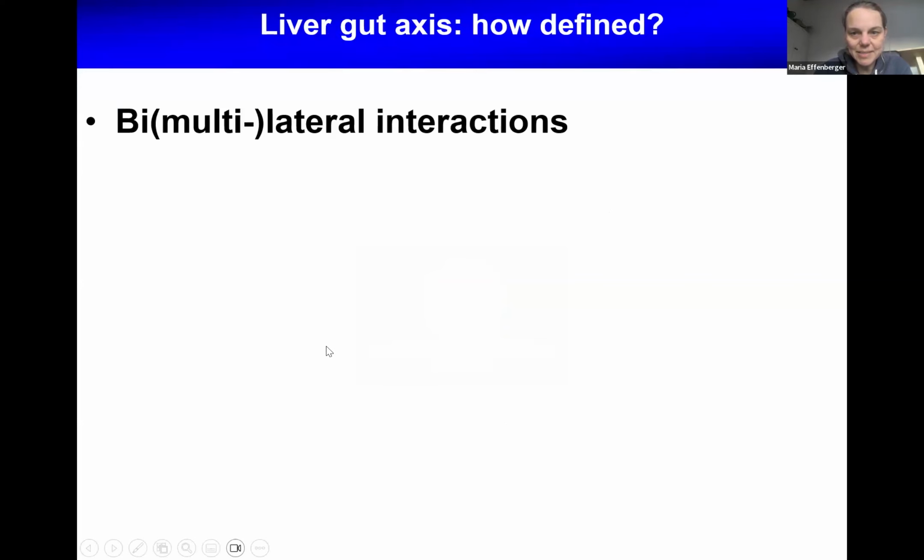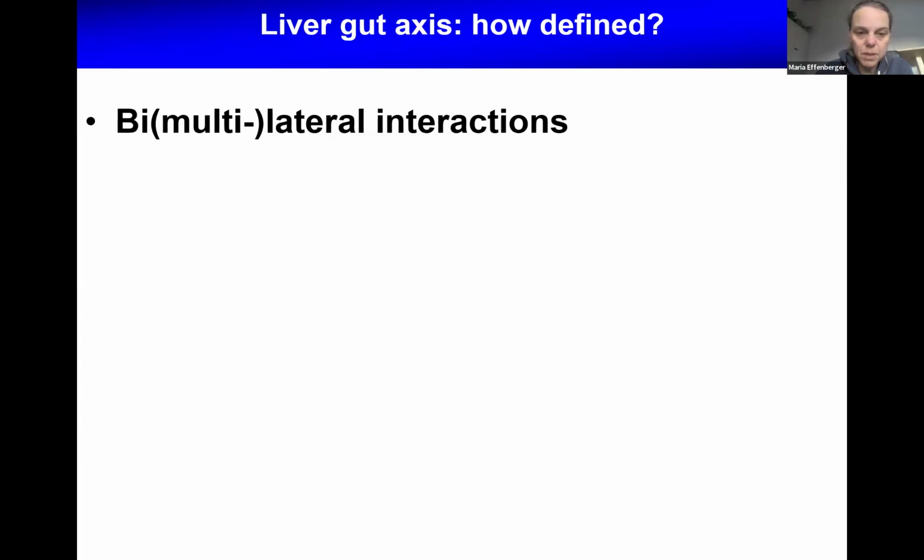Well, the liver-gut axis is the main focus of my scientific research, and it's really logical if you want to look at it that way, because the liver is the organ system next to the intestinal gut, and all the metabolites, all the nutritional factors, and so on go via the portal vein into the liver.